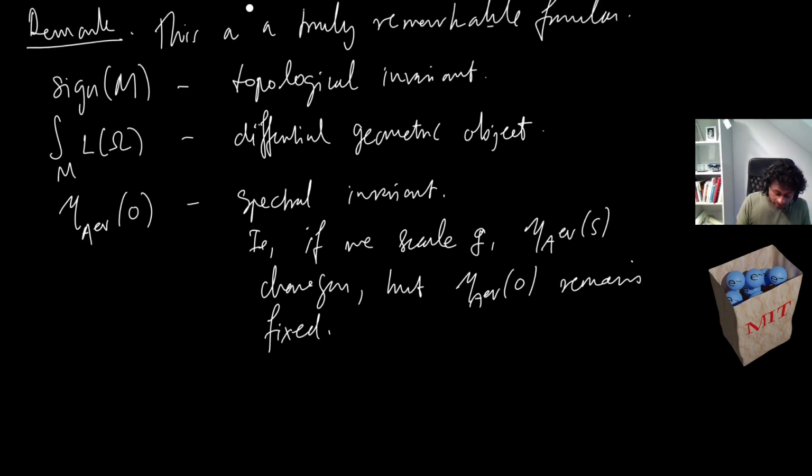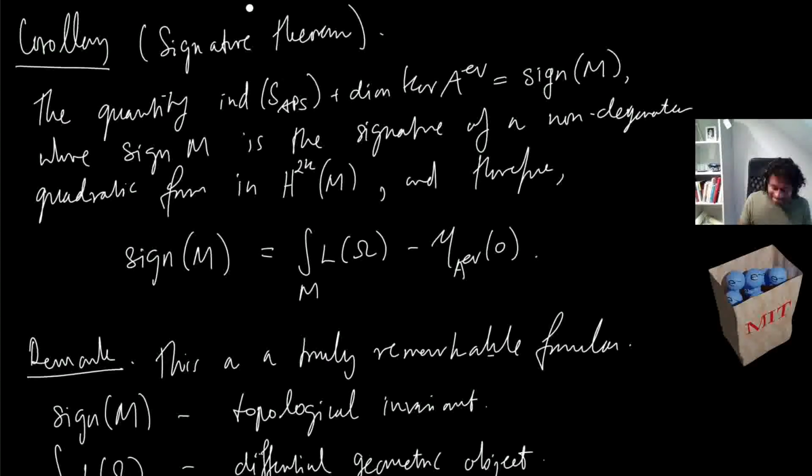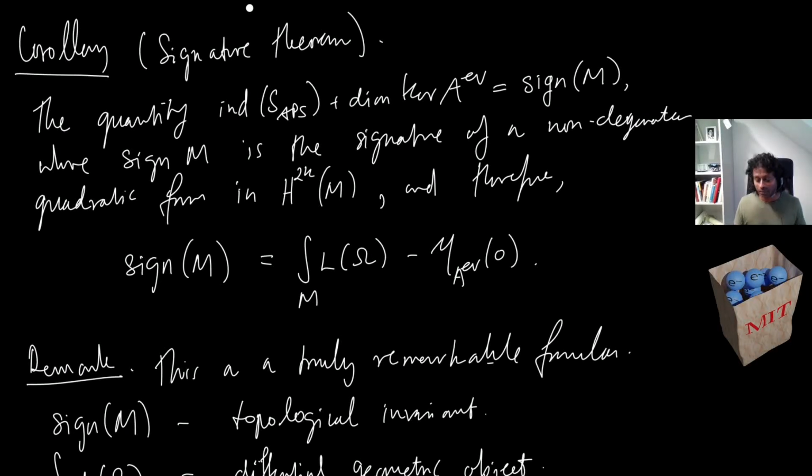But nowhere in that does there appear something like an APS boundary condition or anything operator theoretic, right? So the remarkable thing is that the signature can actually be written as the index of this operator plus the dimension of this kernel, and then that's really a topological object, right?